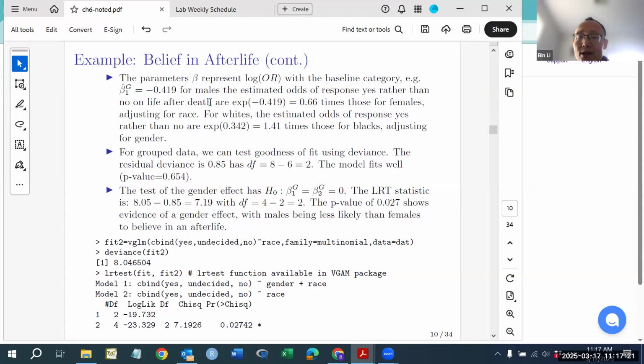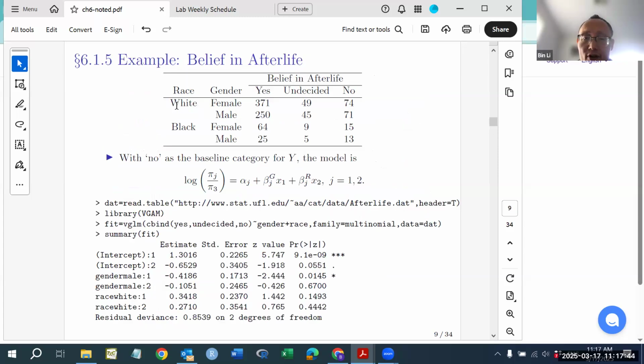So the parameter beta represents the log odds ratios, I'm sorry, with respect to the baseline category. Let's say for the gender effect, how do we interpret this number?